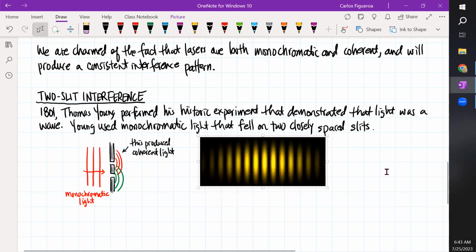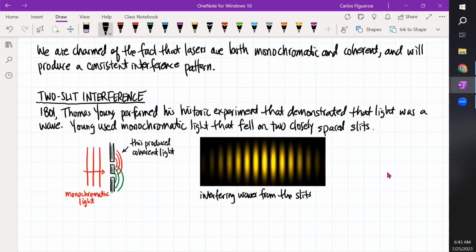He saw these fringes. So what you're seeing here is interfering waves from the slits. And you could see here that this tells you that this is a series of bright and dark fringes.